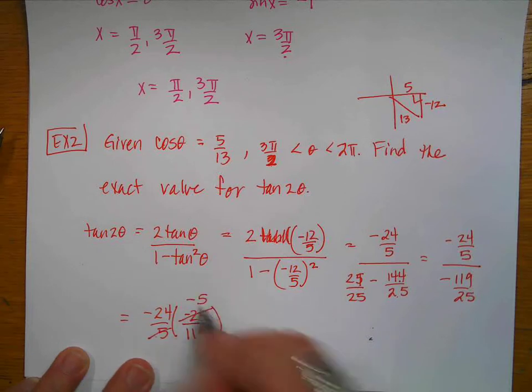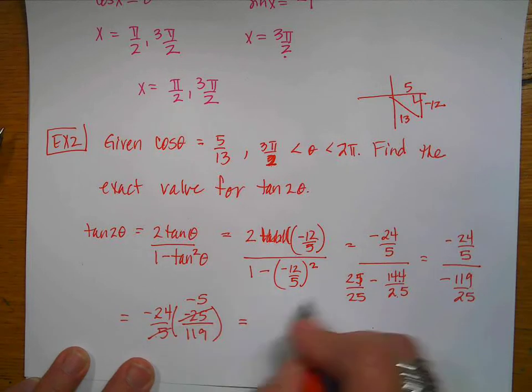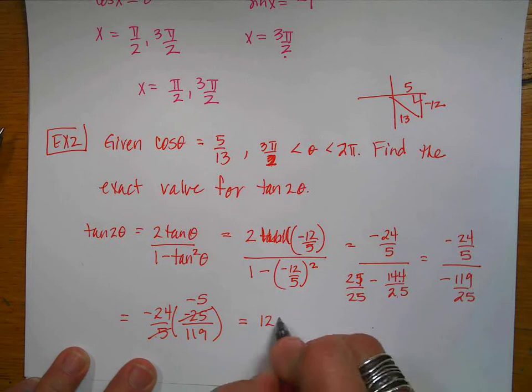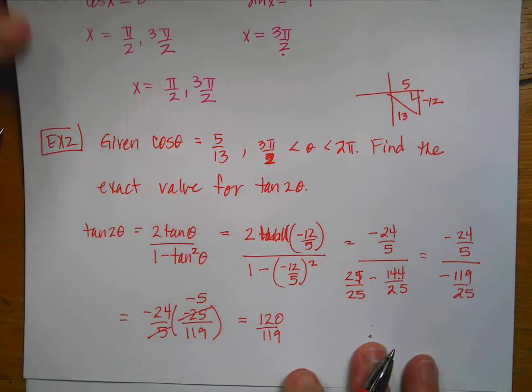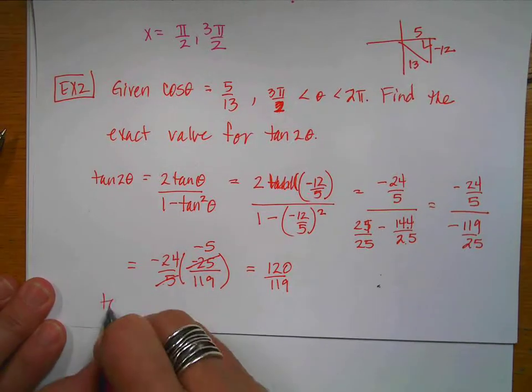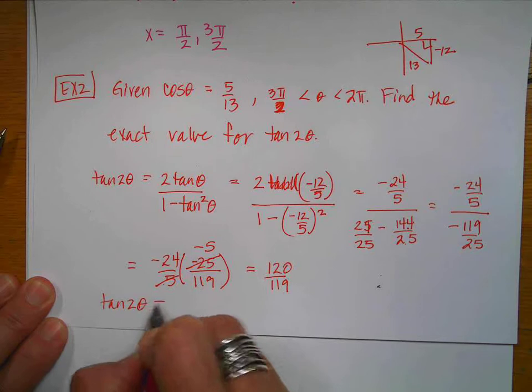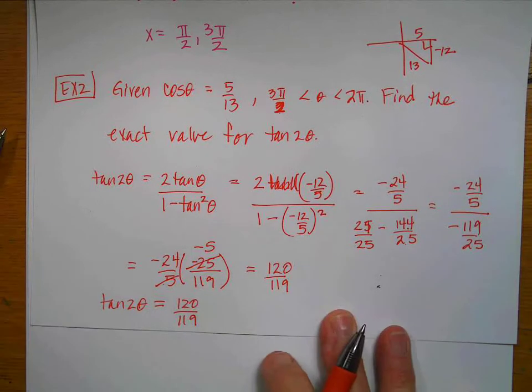Okay, 5 goes into 25 a negative 5 times, and when I do that math, a negative and a negative is positive, and I'm going to get 120 over 119. I'm looking for an exact value, so I'm going to stop here, and I'm going to report that the tangent of 2 theta is 120 over 119. Okay, so that wasn't so horrible.